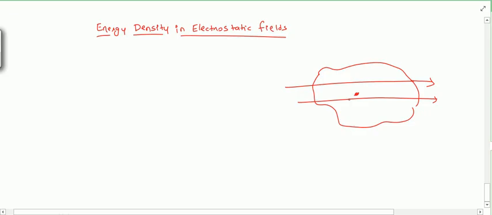Now if I remove this external source, this charge will move along the electric field. So you can see that to hold the charge in place, I have to do some work.